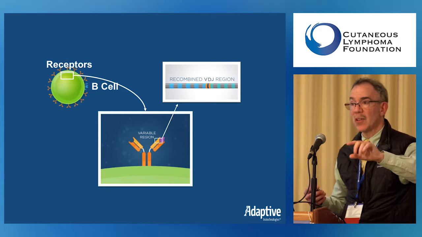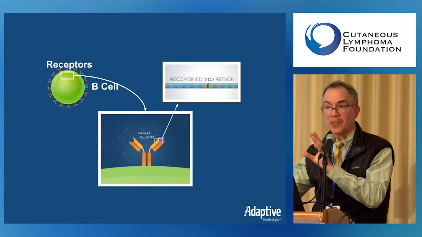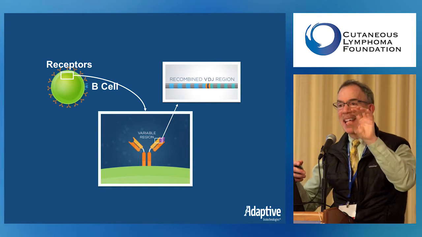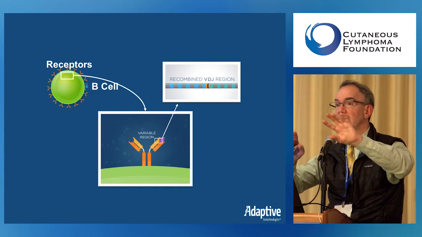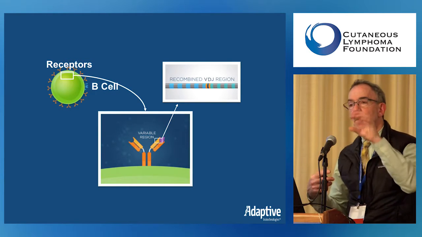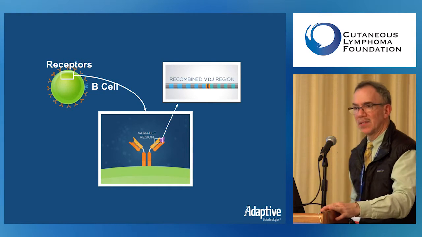For T cells, there is an analogous kind of molecule called the T cell receptor, and in a very analogous way, it recognizes something that is foreign to the individual, but it looks more into those things that are inside the cells.